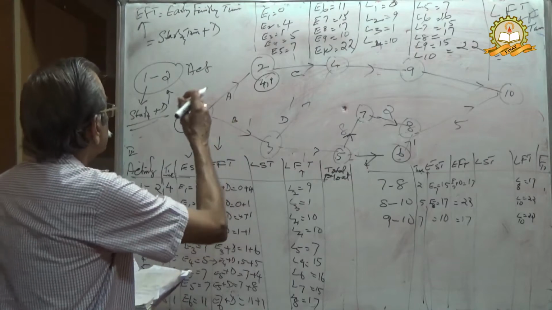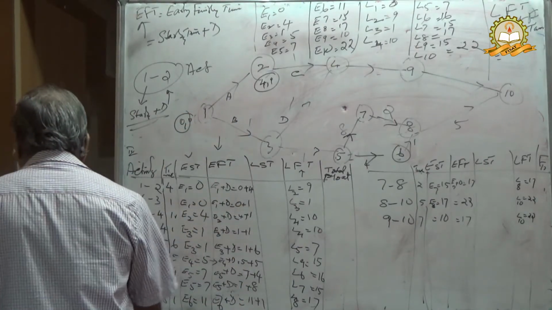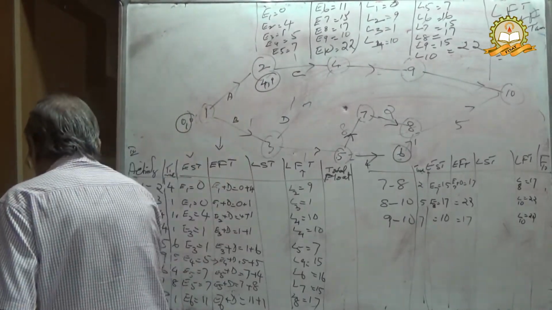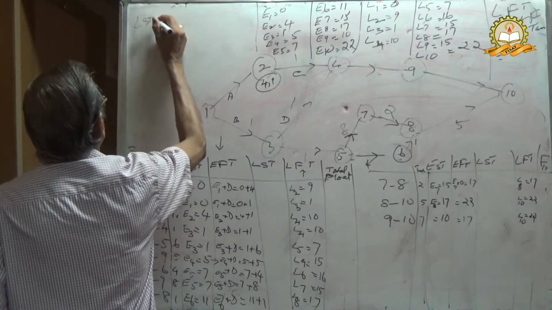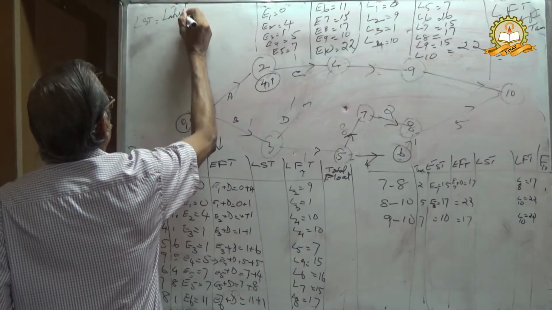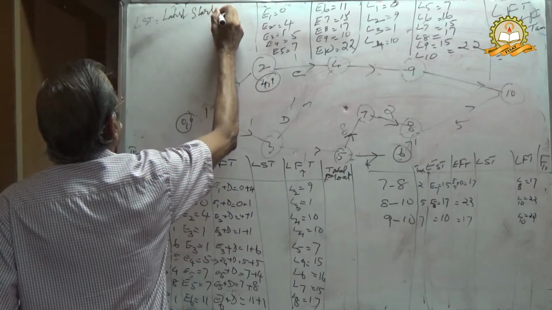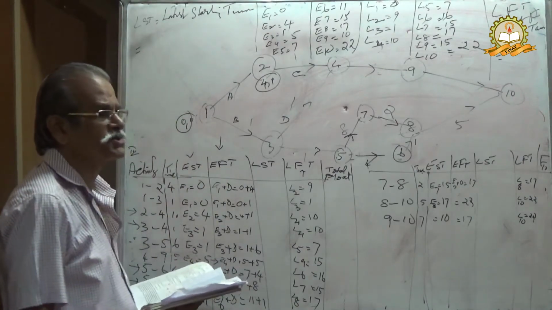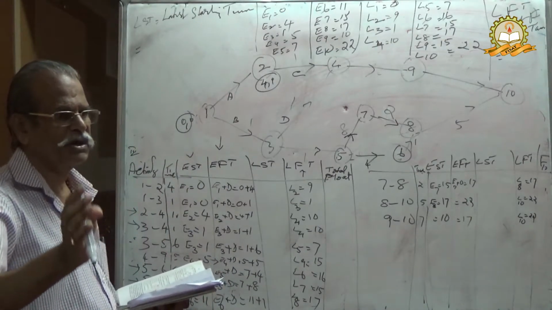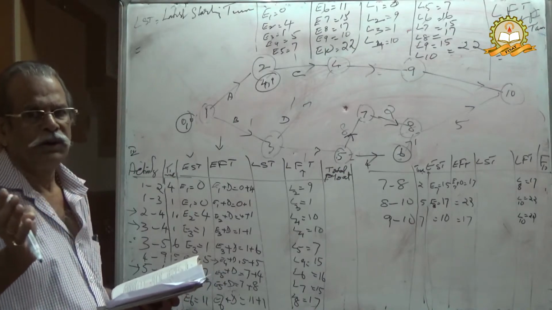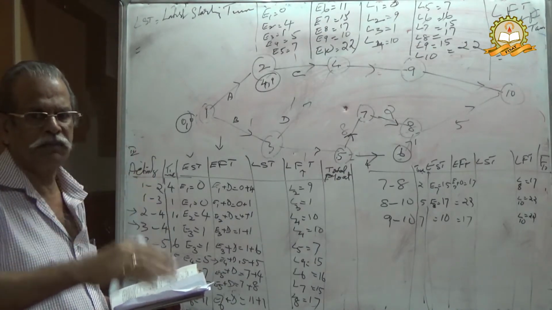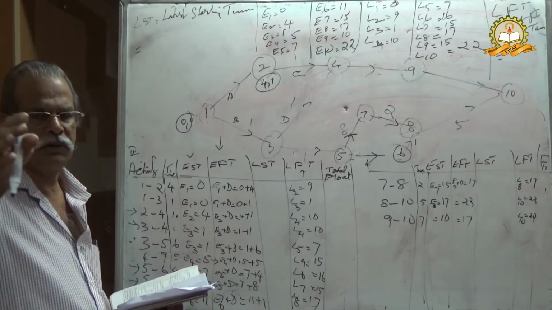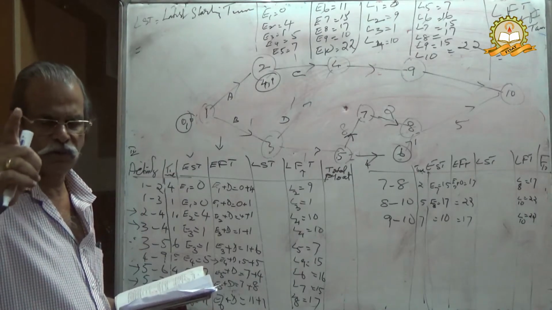Then LST. Next column, LST, latest starting time. You are advised to stop by 1 o'clock. Duration is 3. Therefore, what time should you start? By 10 a.m. Even if you are starting late, you will have to finish by 1 p.m. or 1 noon.